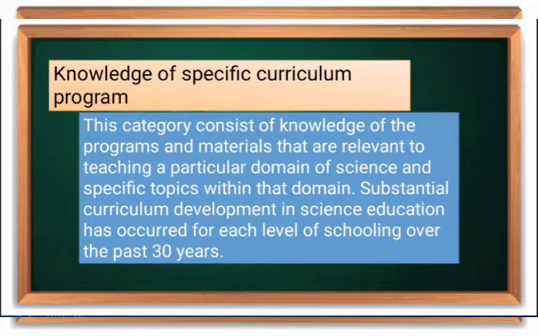Similarly, an elementary school teacher might be expected to be knowledgeable about Elementary Science Study and Science Curriculum Improvement Study. Teachers' knowledge of curricula such as this would include knowledge of the general learning goals of the curriculum as well as the activities and materials to be used in meeting those goals.